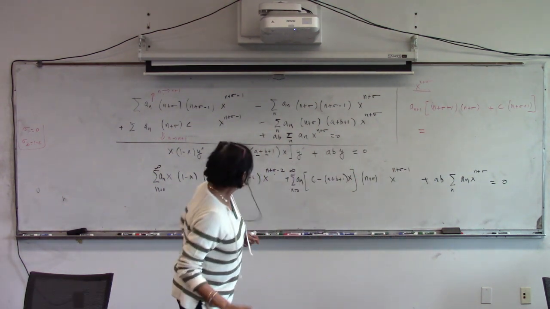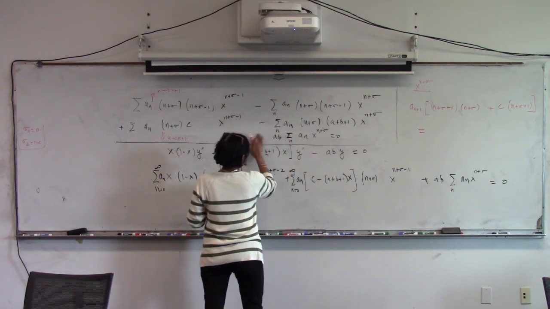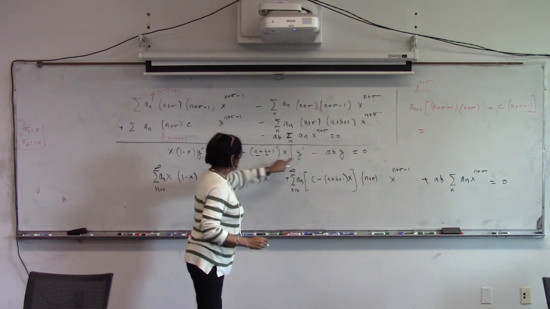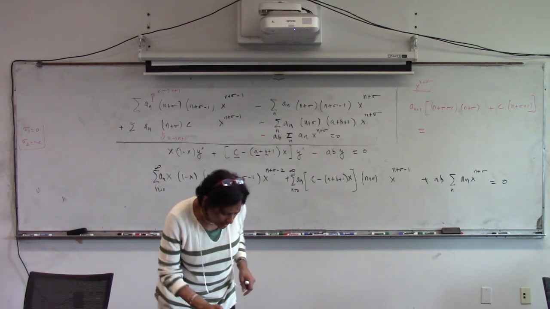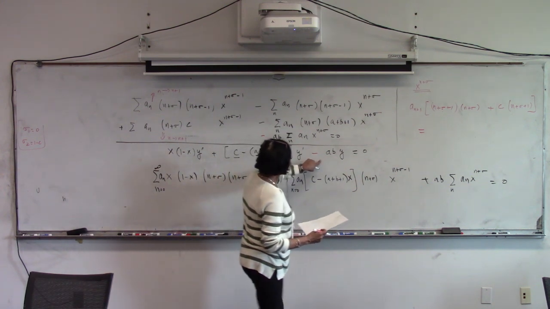Well, this is minus ab y, sorry, in the equation there's a minus a b y right here. The differential equation itself has a negative ab y. That is my hypergeometric differential equation. All of them are negative.